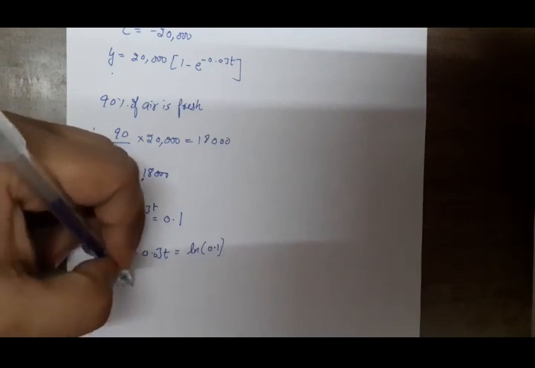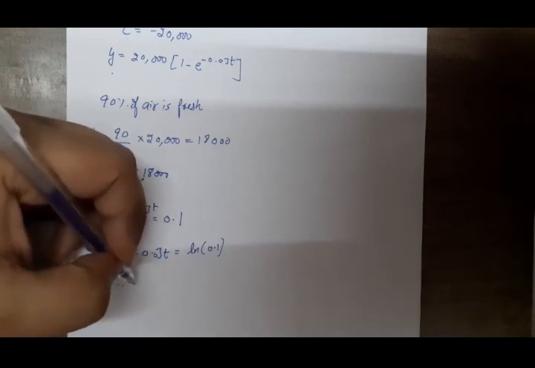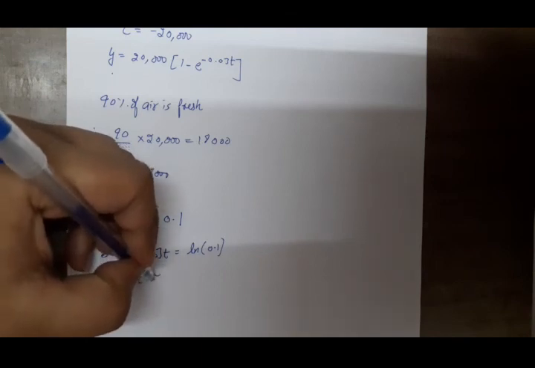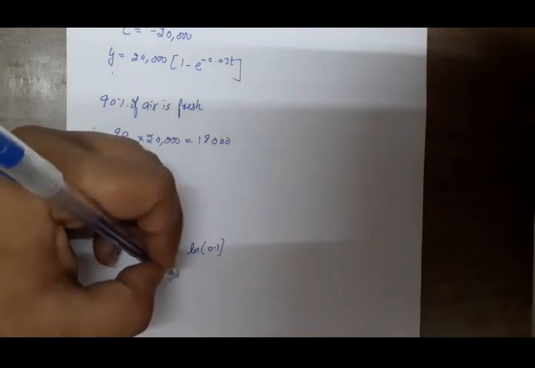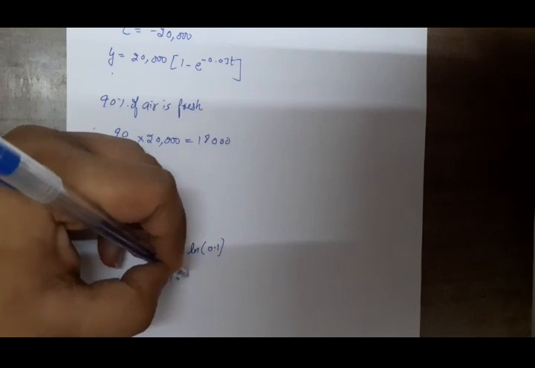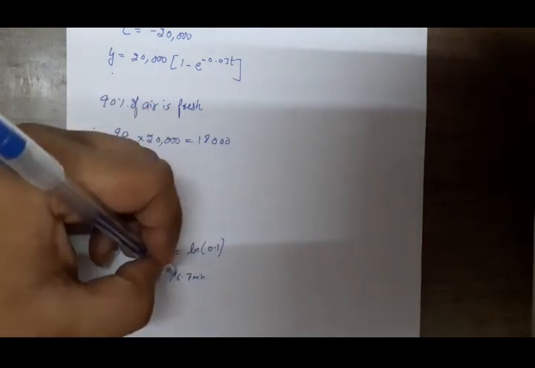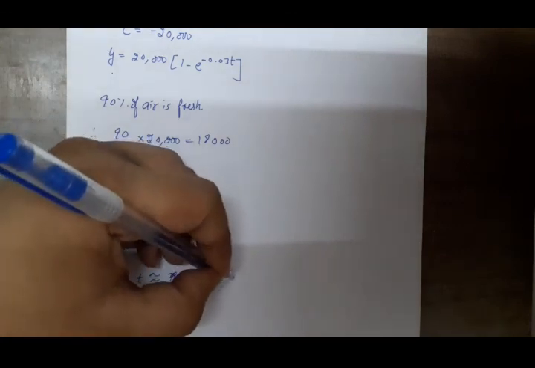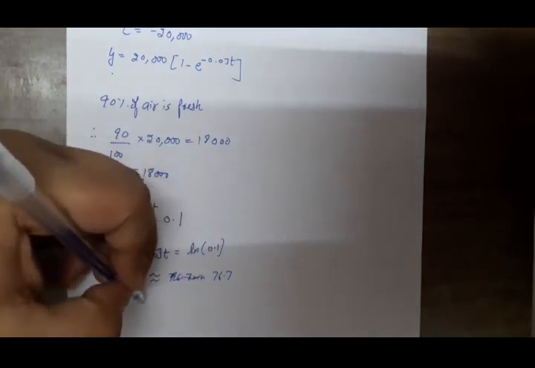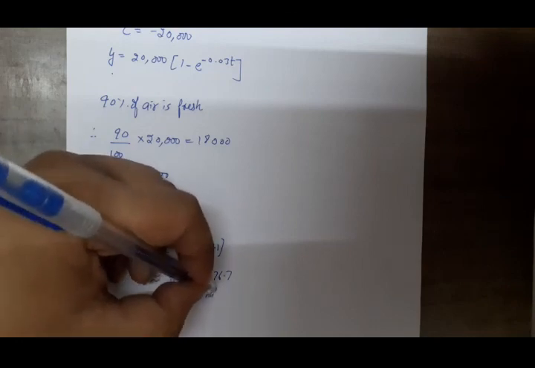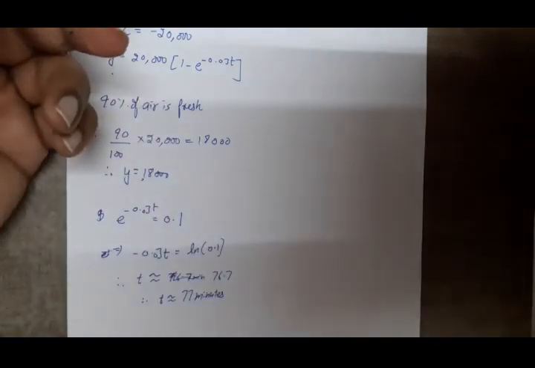Using a scientific calculator, we calculate that t is roughly 76.7 minutes, so t is roughly equal to 77 minutes. So that is our question number 1.